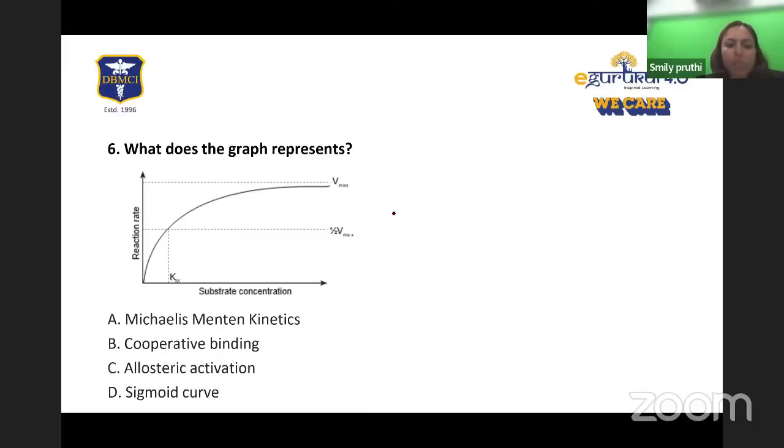Then what does the graph represent? This graph is very clear, very easy question, Michaelis-Menten graph. It will show Michaelis-Menten kinetics, that this is a rectangular hyperbola graph. So this is Vmax point, this is half of Vmax.